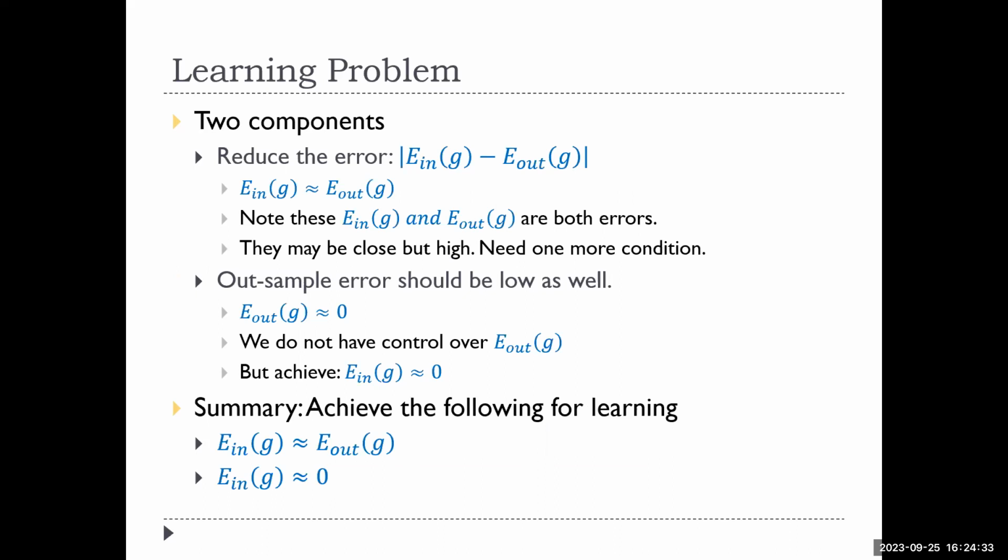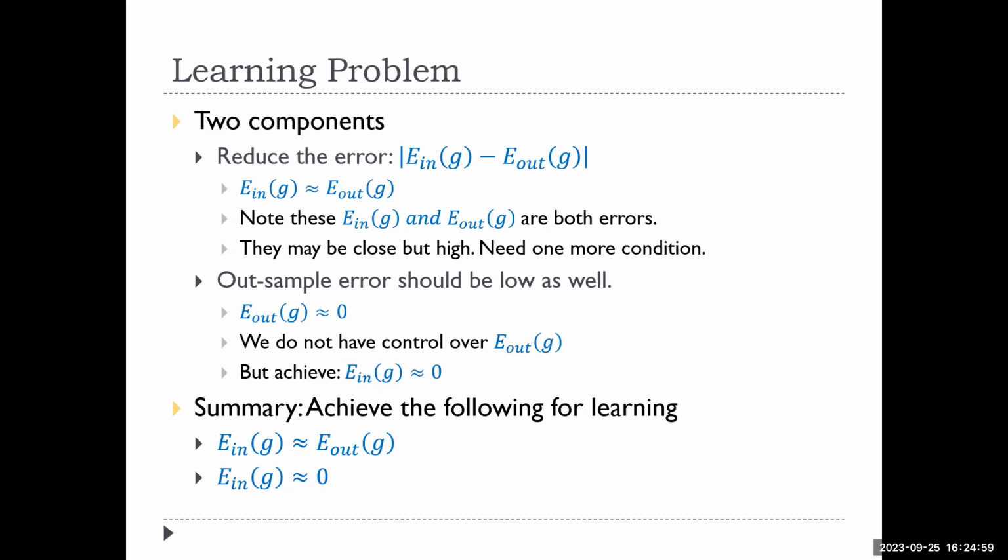Now, this is the summary of the learning problem, and this is what I explained so far. The learning problem has two components. One of them is I would like to reduce the error between the training accuracy and testing accuracy.